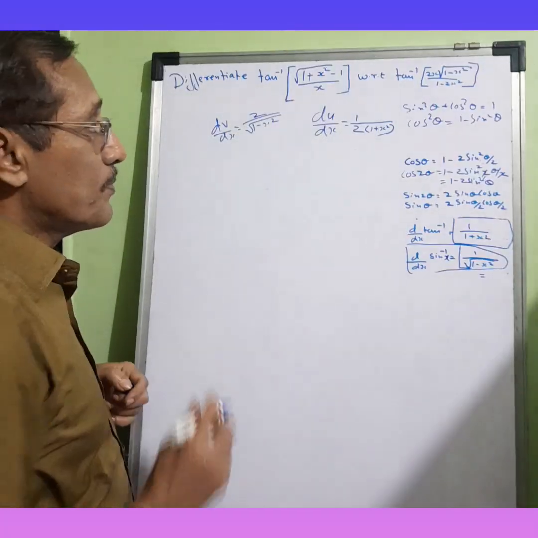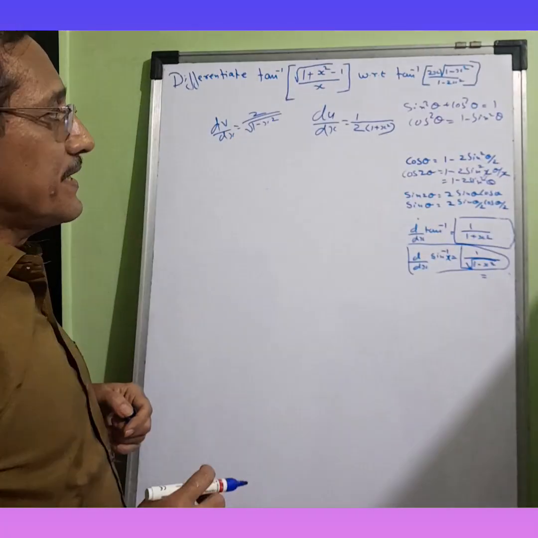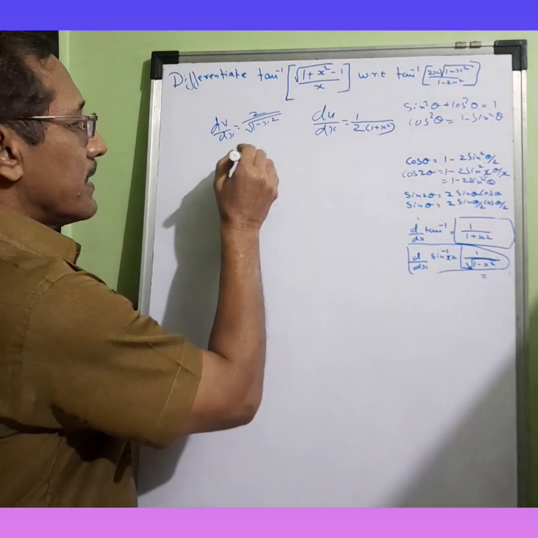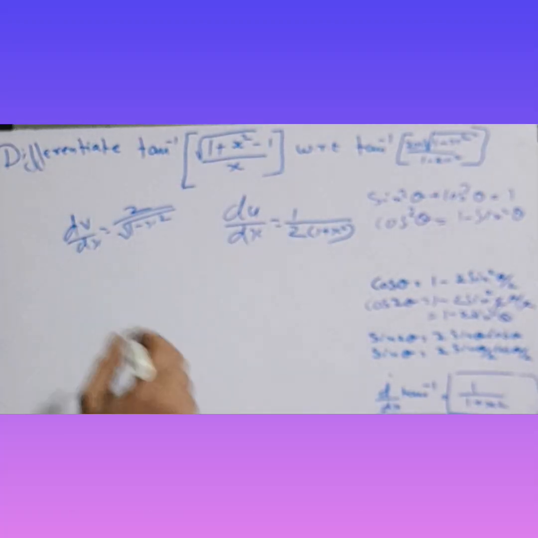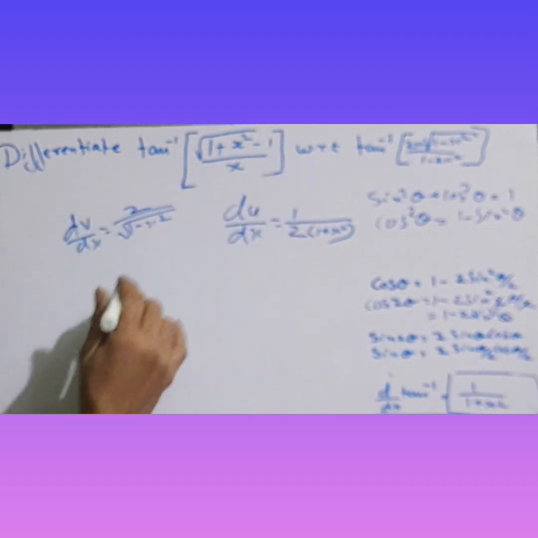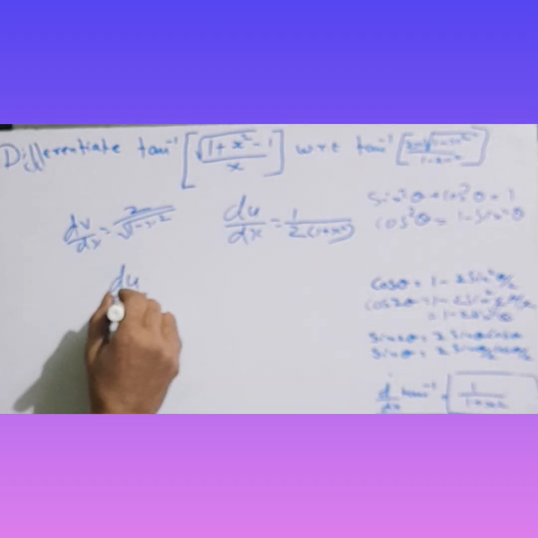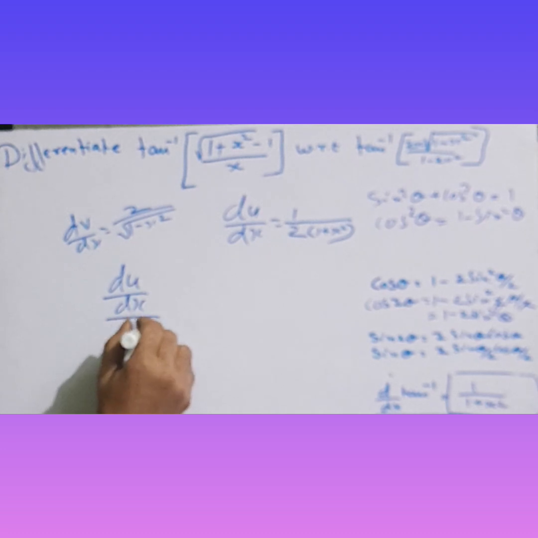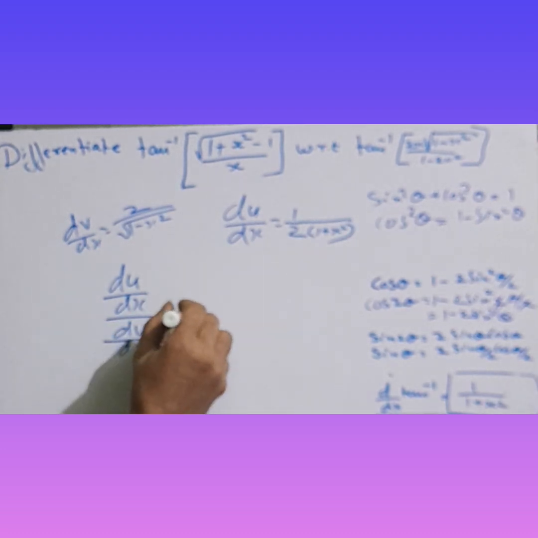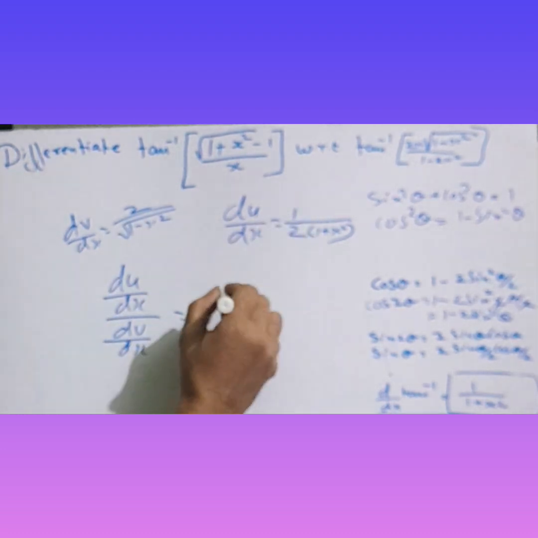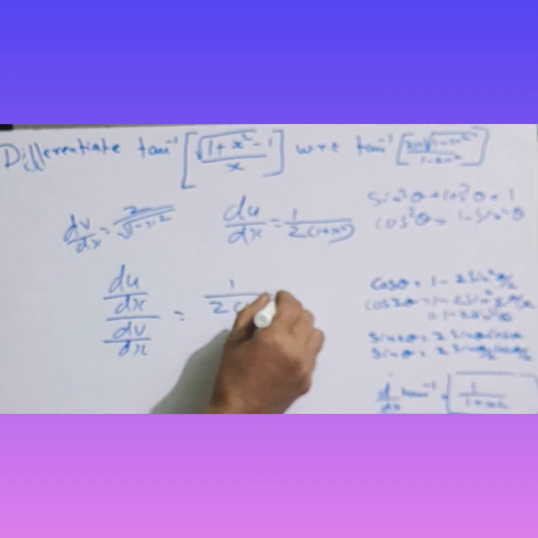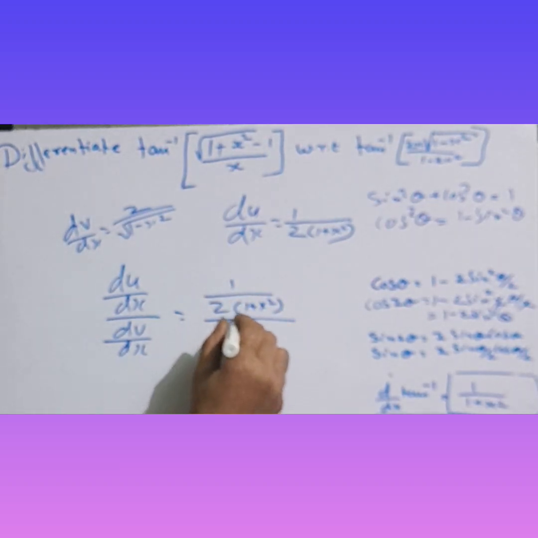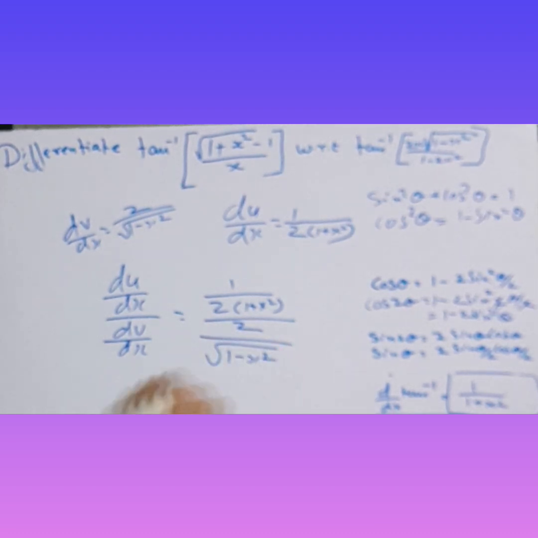Having found du by dx and dv by dx, let's go ahead with du by dx divided by dv by dx, which is equal to 1 over 2 into 1 plus x square divided by 2 root of 1 minus x square.